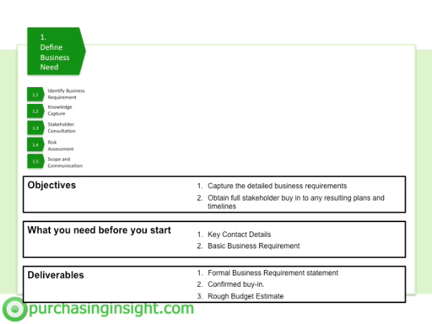Before you start this stage, you need to ensure that you know who all of the stakeholders are and that you know how to engage with them. And you need to know what the basic business requirement is. At the end of this stage, you'll have a formal business requirement statement, you'll have confirmed buy-in from all stakeholders, and you'll have a rough idea of the project budget.